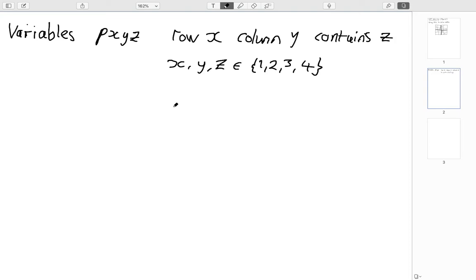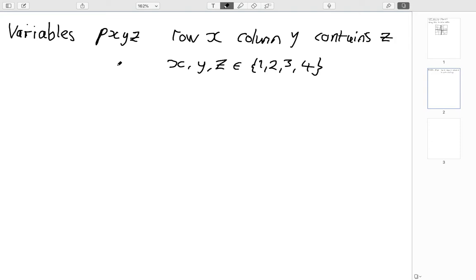So using these propositional variables, we want a formula in conjunctive normal form such that any satisfying assignment for the formula will, through its truth values, the P x y z that it's assigned true, tell us which cells to put which numbers in.